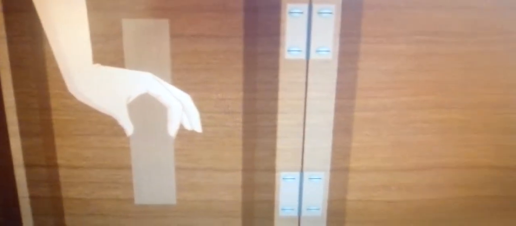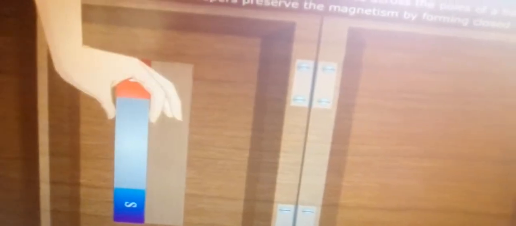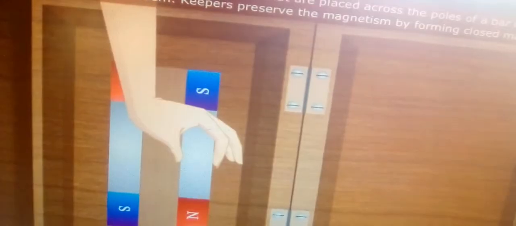Okay, how do we store our magnets? We use keepers to store our magnets. What we do is place a board, and place a magnet in that format. Make sure the north is next to the south. Then bring that keeper, a piece of magnetic material, and put it on top. Then you get another one and put it at the bottom.